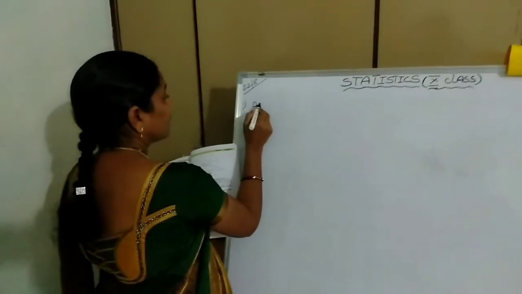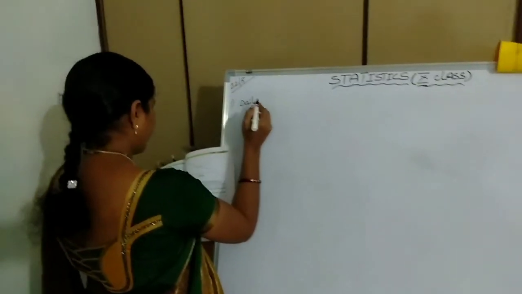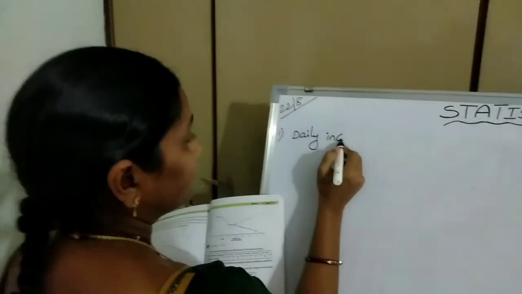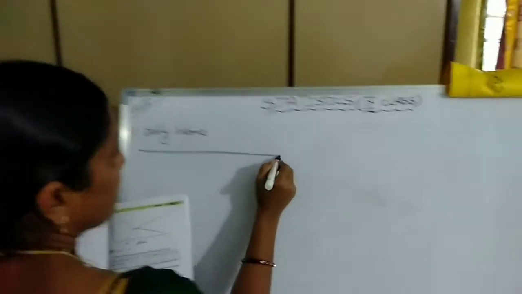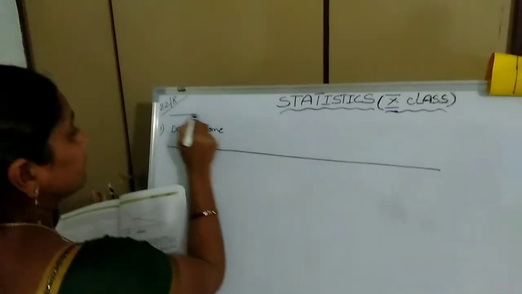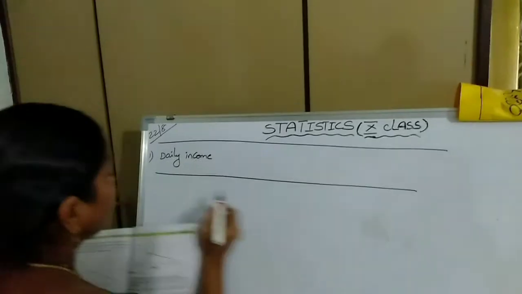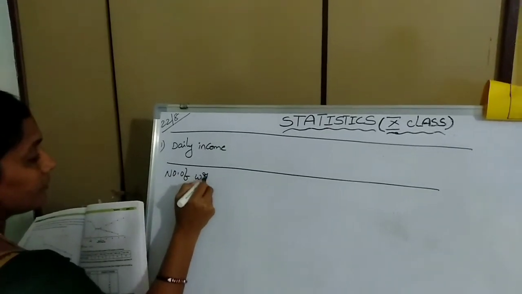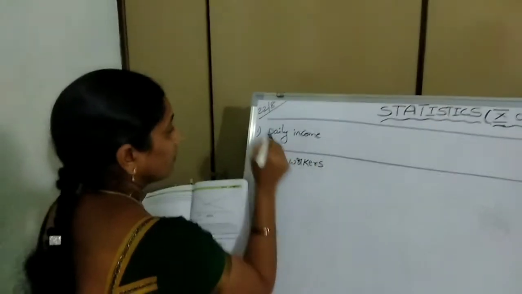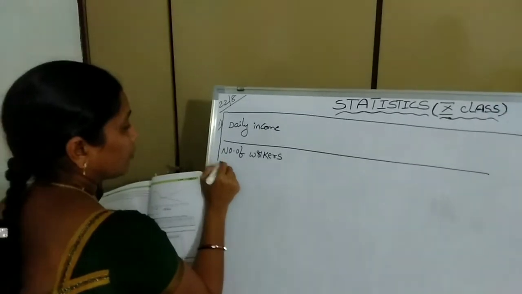Here, the daily income of the workers is given. Daily income and number of workers are given in the problem.